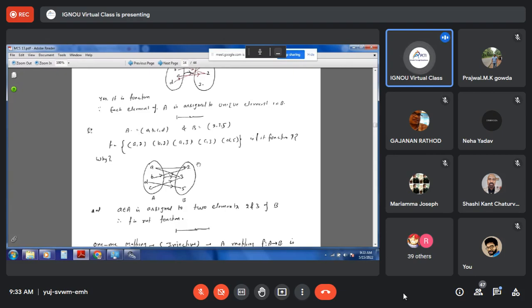Again, I repeat, a and c having the same image 3 is allowed. But if a has two images 2 and 3, it is not allowed. It is the main backbone of the definition of the function. So it is not a function.